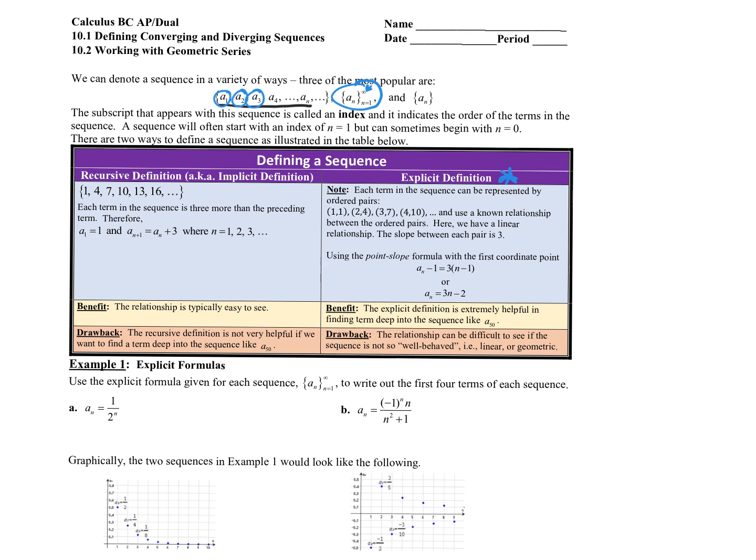So here are two examples of explicit formulas for an infinite sequence, and it asks us to find the first four terms. The first term, A1, we'll just plug in 1 for n, so we'll have 1 over 2 to the 1, and that will be 1/2. A2, the second term, will be 1 over 2 squared, which is 1 over 4.